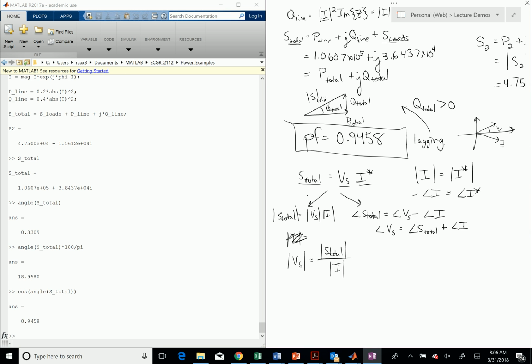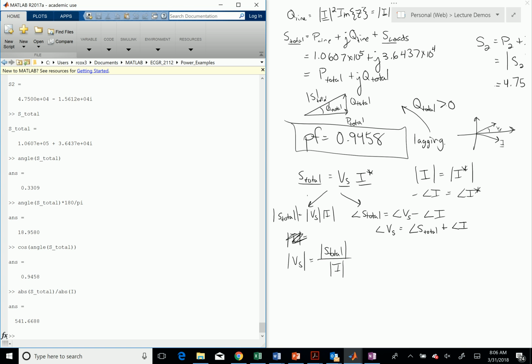All right, so if I do abs of S total divided by abs of I, I get that this guy is 541.6688 volts.